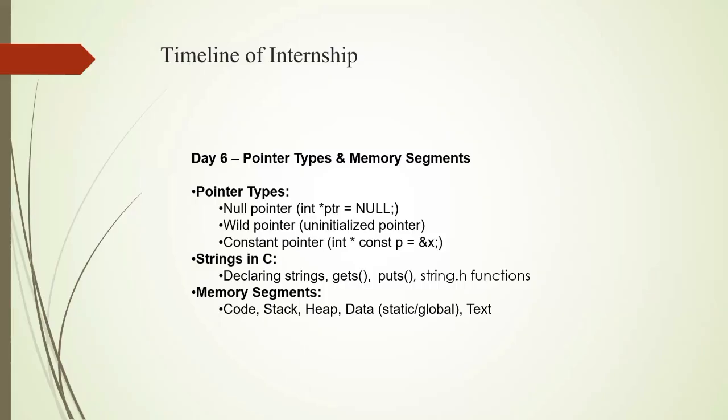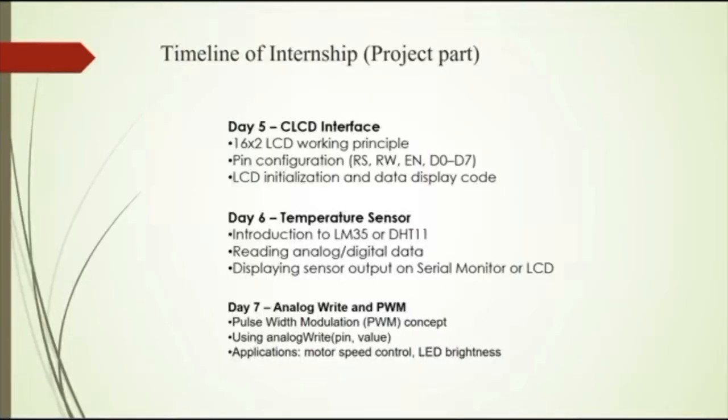Then we learned about strings in C, declaring strings, gets, puts. These are the functions used for strings in C language. Now next we learned about memory segments, how data is stored in C.